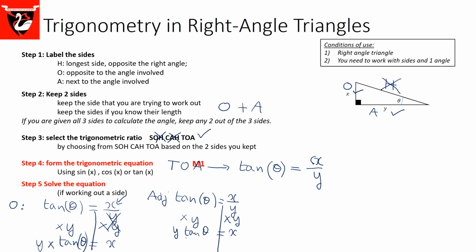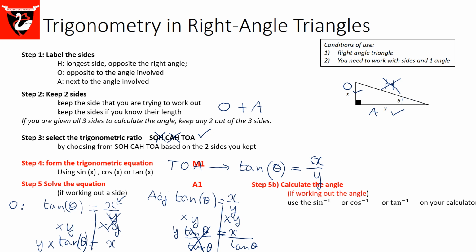And your second step will be to divide both sides by tan theta. The tan theta is cancelled, and you're left with y equals x over tan theta. This is where you get your second mark.